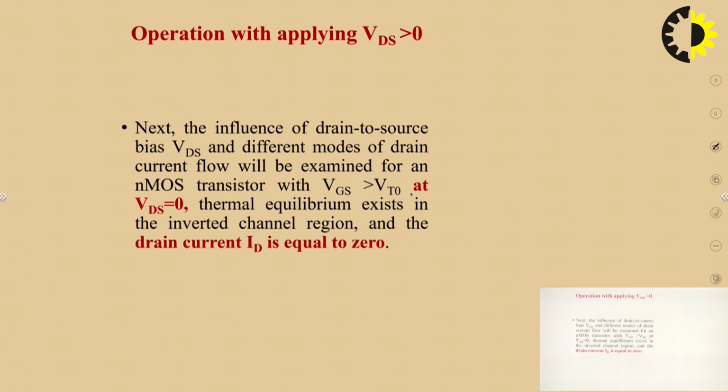Now, let us see the operation with VDS greater than 0. Now we'll see that when the drain to source voltage is greater than 0 and we increase this voltage, how it affects the current flow between source and drain.